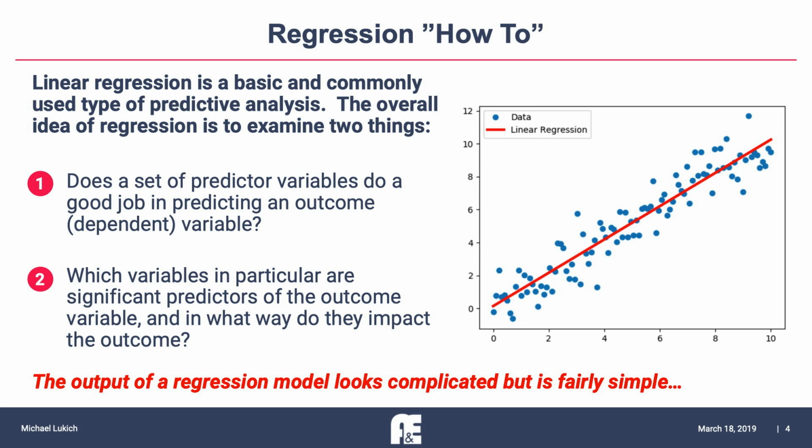First, does a set of predictor variables do a good job in predicting an outcome, or a dependent variable? In our case, our dependent variable is the EV of a formation and a board. And the second thing it tries to examine is which variables in particular are significant predictors of the outcome variable, and in what way do they actually impact the outcome.